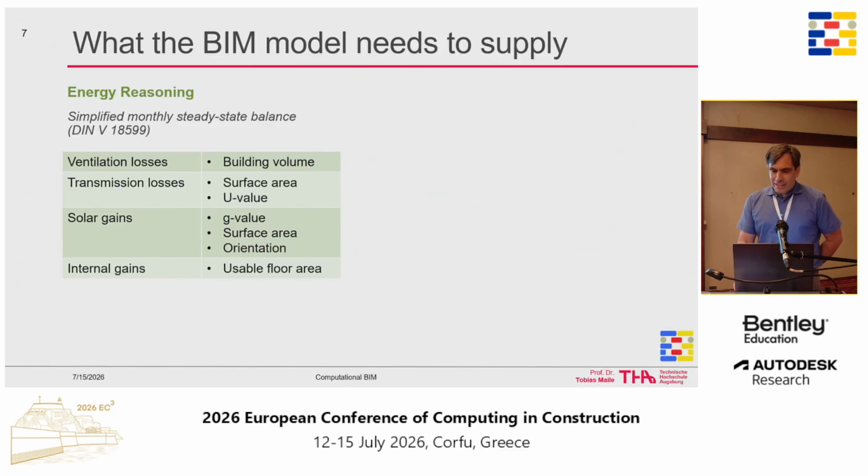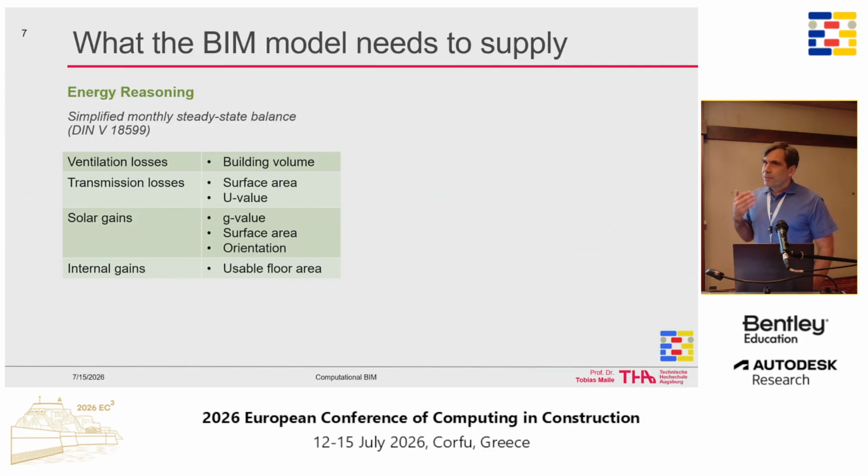What I really want to get at is what kind of data we need to extract out of the BIM model, and more importantly, when and how we define the data that we are interested in, for example, for an energy calculation.